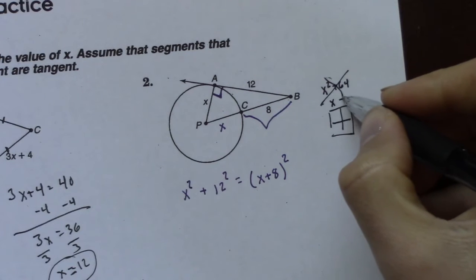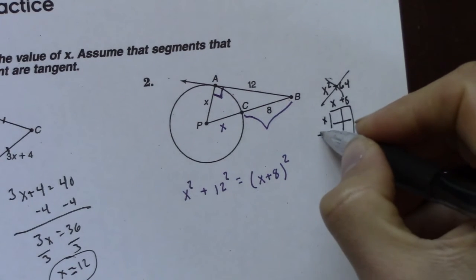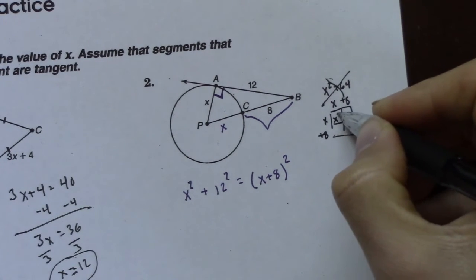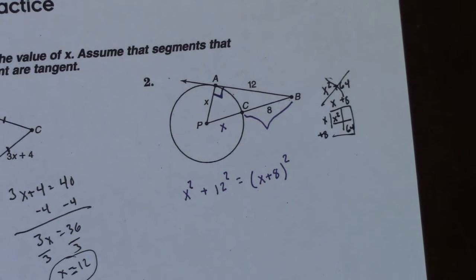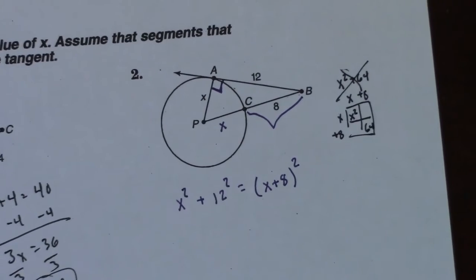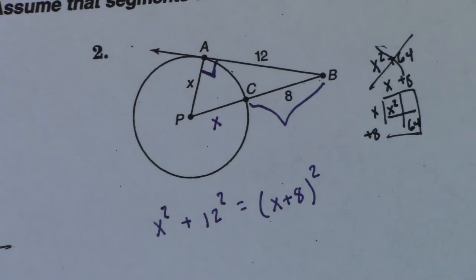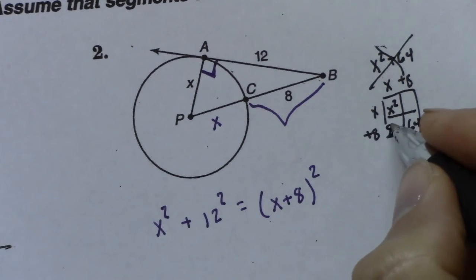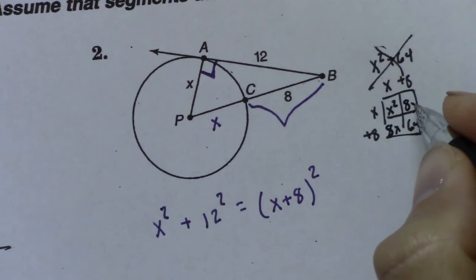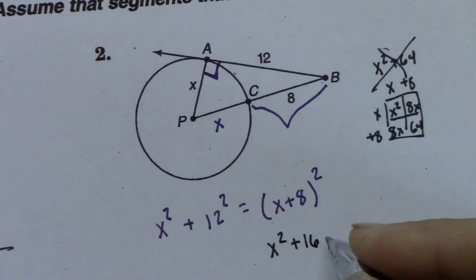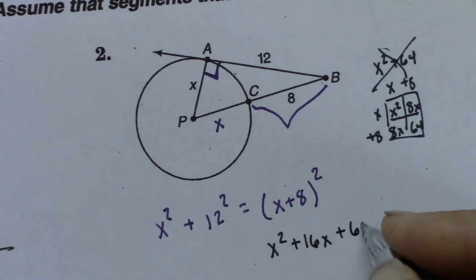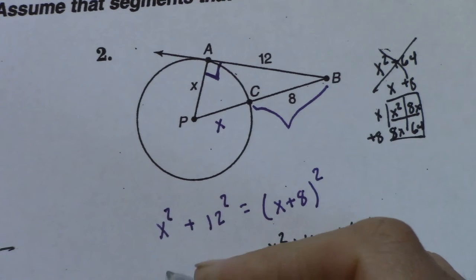Yes, it is x plus 8 times x plus 8. Yes, you've got an x squared and a 64, but you also have those other two boxes. Meaning you've got a middle term, an 8x and an 8x, which means you really have x squared plus 16x plus 64.